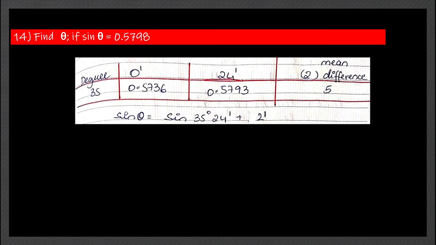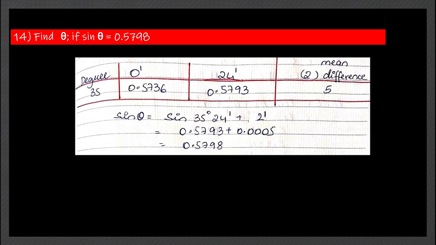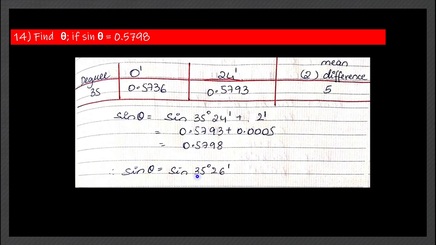So when you add them up, we will get the value 0.5798. So sine 35 degrees 26 minutes is so much. So theta will be 35 degrees 26 minutes. Right, sine theta is sine 35 degrees 26 minutes.